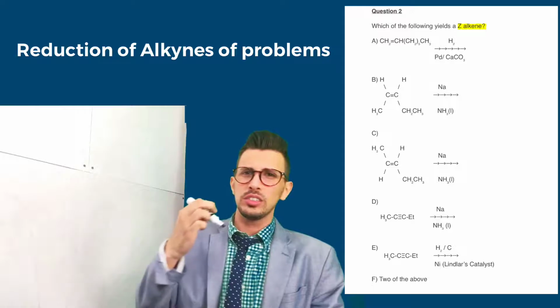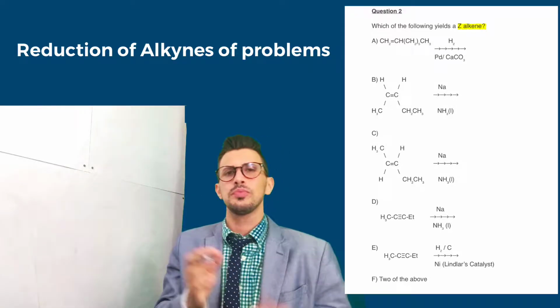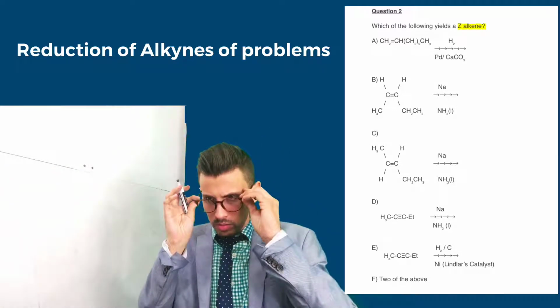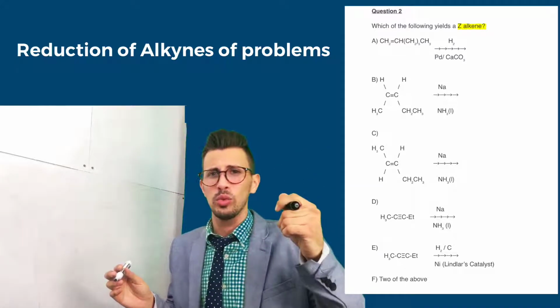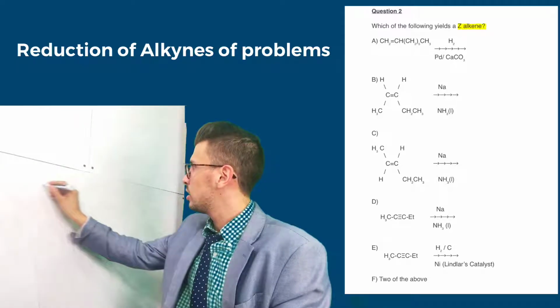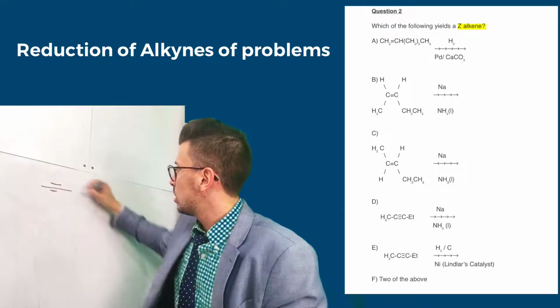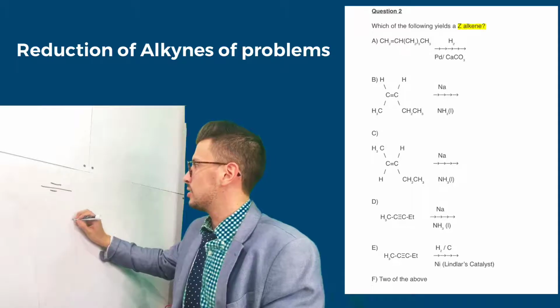There's 3 reducing agents that you have to know outside of carbonyls and sodium borohydride, lithium aluminum hydride, and so on. And that's going to be in the context of the reduction of alkynes. So the important thing to know here is 2 scenarios.